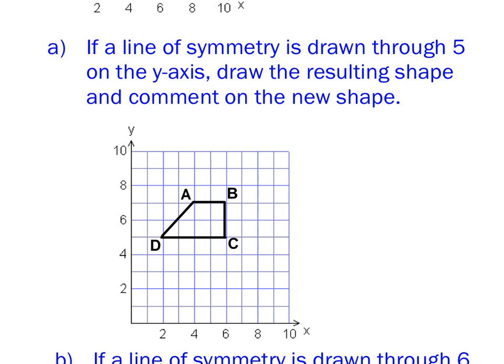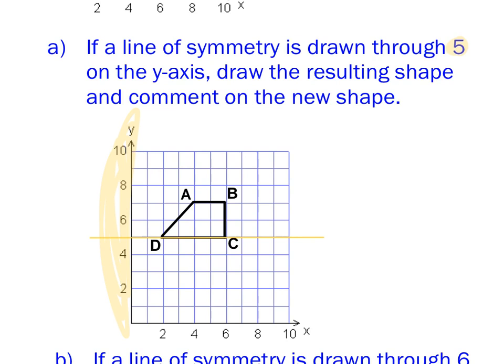So the y-axis is the vertical axis, and if a line is drawn through the 5, what that means is we have to find 5, and of course 5 would be right here. And if we draw a line through 5, then we are going to reflect the quadrilateral over that line.